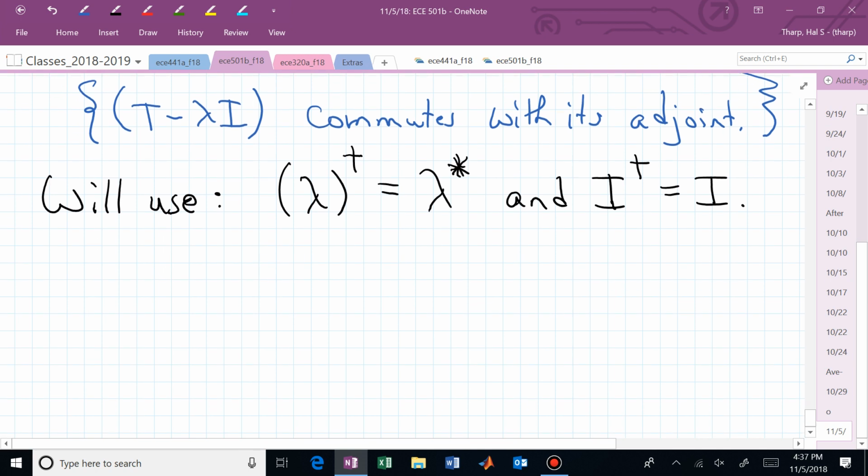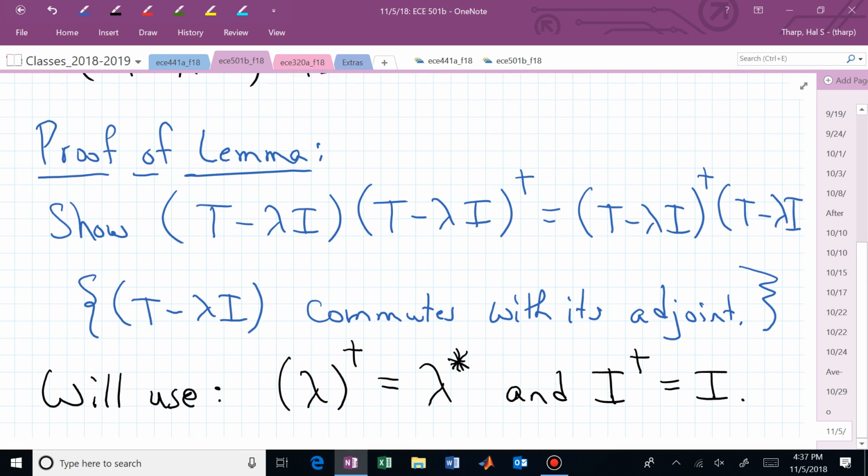All right, so now let's look at this in two pieces. Let's look at the left-hand side and push all of those operations through, products and adjoints, and then we'll look at the right-hand side, and then hopefully we'll see that all of that algebra gives us the same expression.